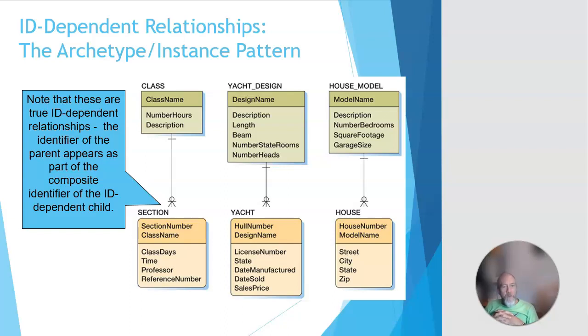And then you've got the section, which points back to the class, which was described by the class name, but it has its own descriptive ID, which is the section number, and then things would be specific to a section. Okay, and I'm not going to go over yacht design and house model. They're different from class, but they all follow that same specific pattern.